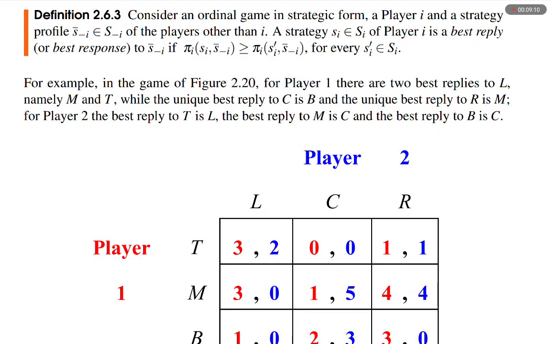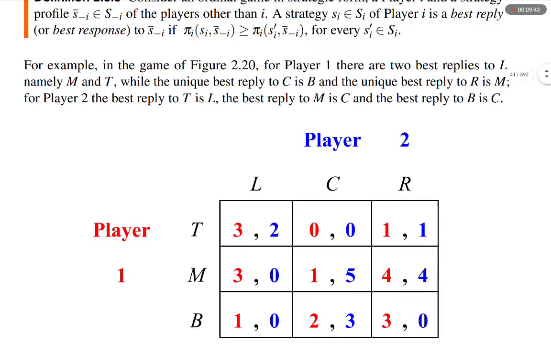A strategy s_i, an element of S_i of player i, is a best reply or best response to s̄_{-i} if π_i(s_i, s̄_{-i}) ≥ π_i(s'_i, s̄_{-i}) for every s'_i element of S_i.